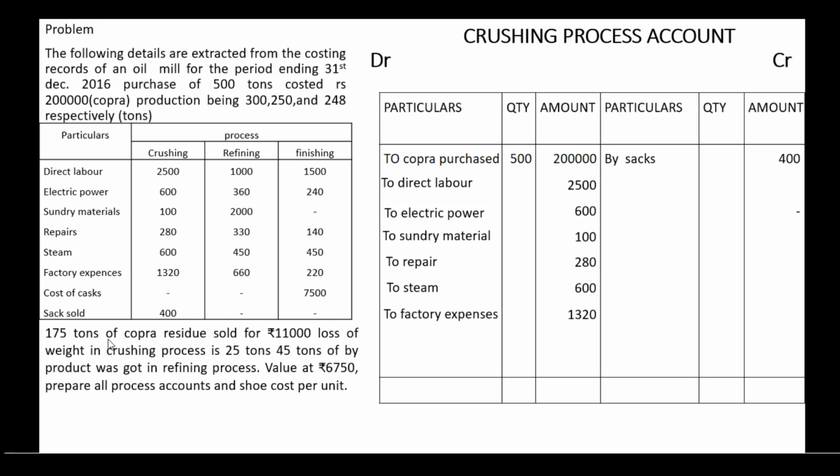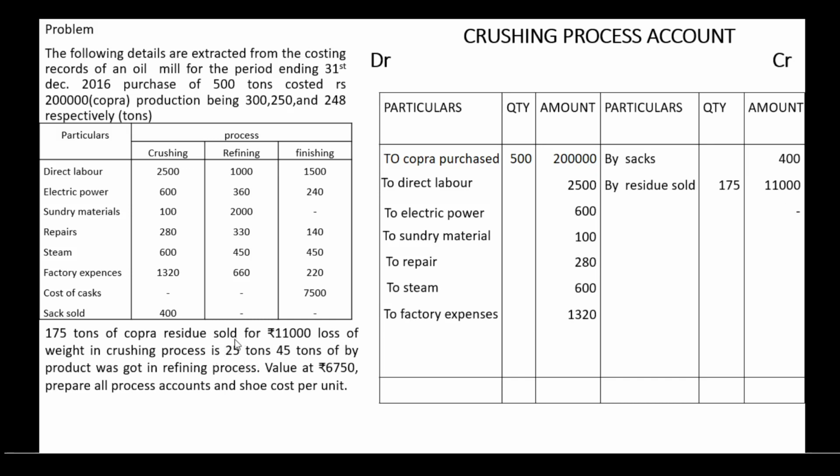So when the 175 tons of copra residue is sold, the value they get here is 11,000. So this residue sold is entered in the credit side by residue sold, 175 tons for rupees 11,000.